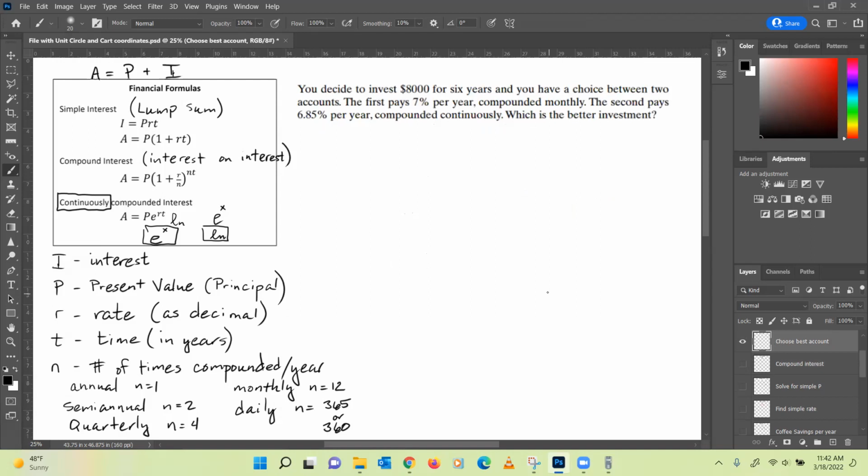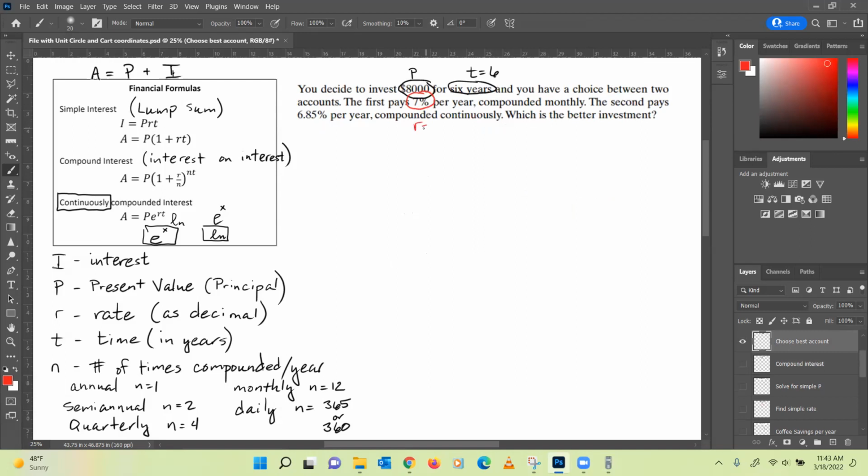Let's look at another problem. Here we have two accounts we're looking at. We need to decide which one's best for us. We can invest $8,000, which would be P, for 6 years, so T is 6, and we have a choice between two accounts. The question is, do I want a 7% rate?